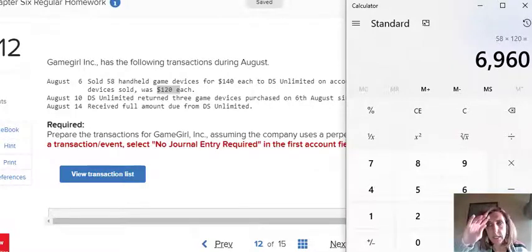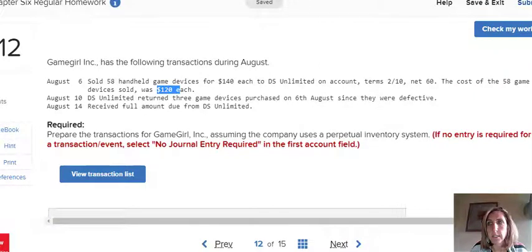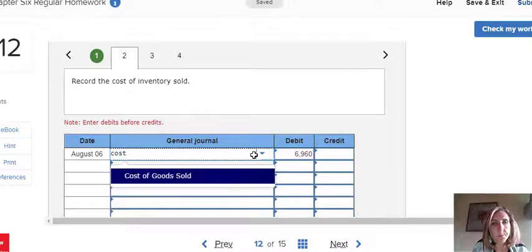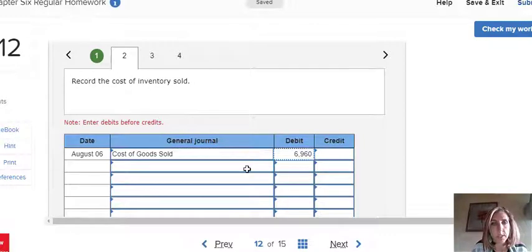So this 6,960 that you see on the screen is what I paid to purchase those 58 units. So it was $6,960 as a debit to my cost of goods sold and a credit to my inventory.